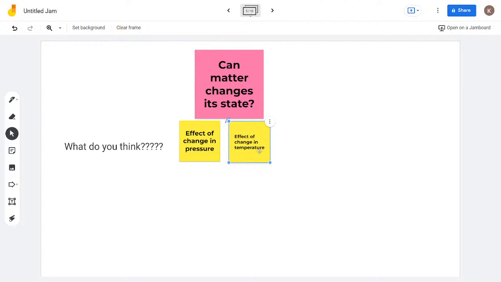Okay, and how does this all happen? Let's say you are performing an activity. You take about 150 gram of ice in a beaker and suspend a laboratory thermometer so that its bulb is in contact with the ice. Then you start heating the beaker on a low flame. While heating, you know that the temperature is getting raised.